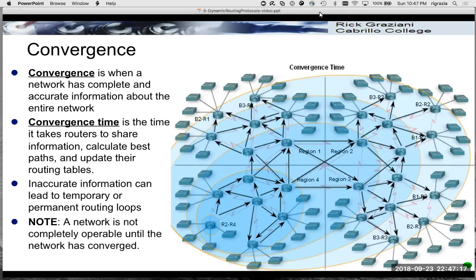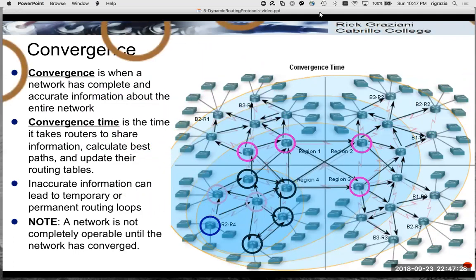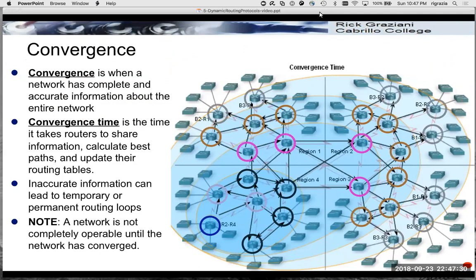And a network is not completely operable until the network has converged. So if there's some sort of topology change in our network, how long does it take for all the other routers to learn about this change and also determine what the best path is to whatever the topology change, an alternate path, new path, whatever it might be, but did all of them agree on what that path is?